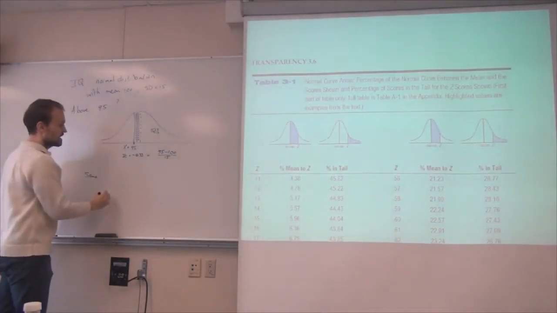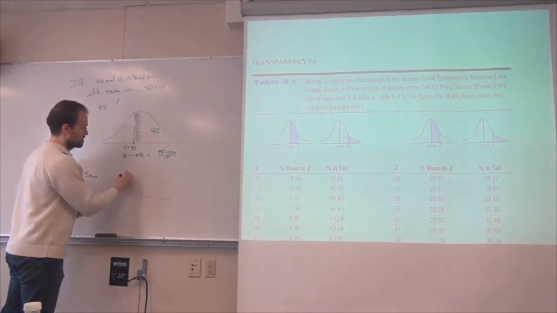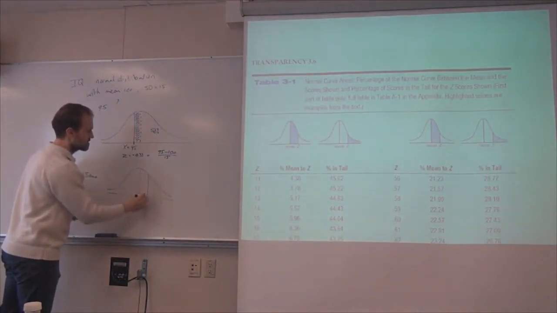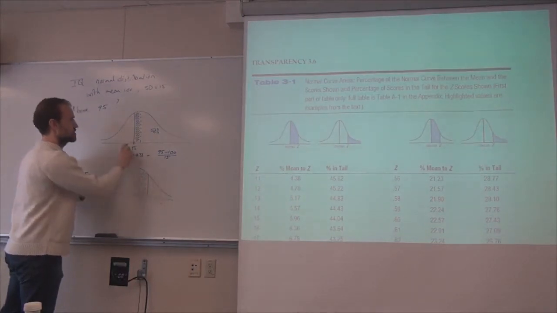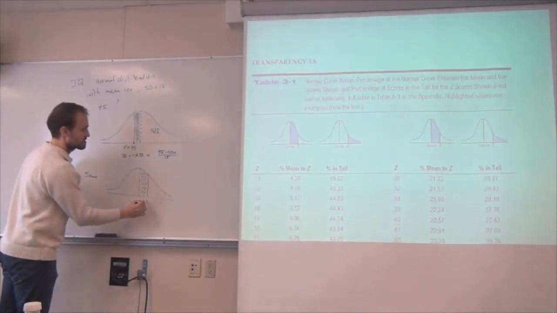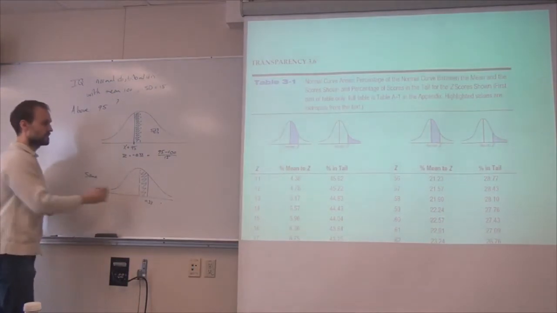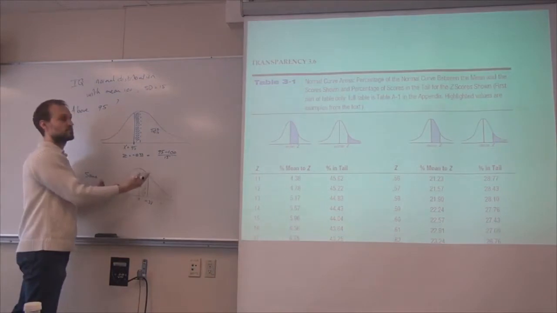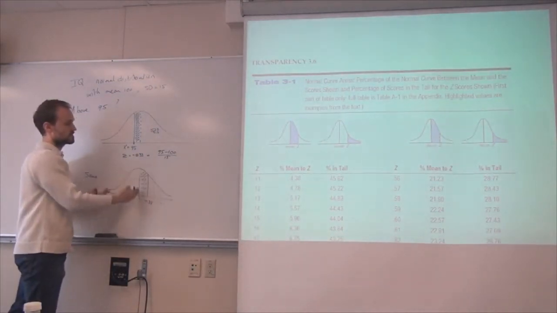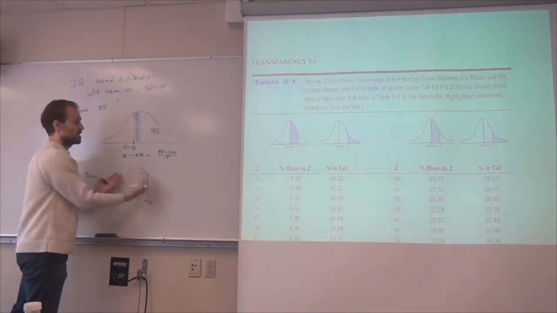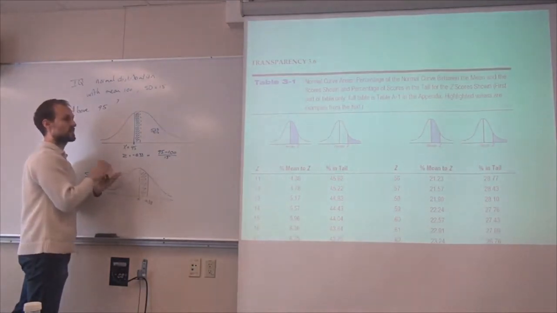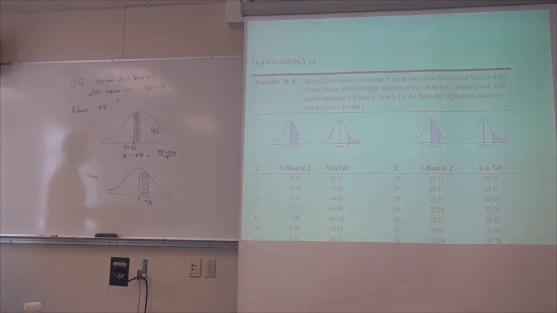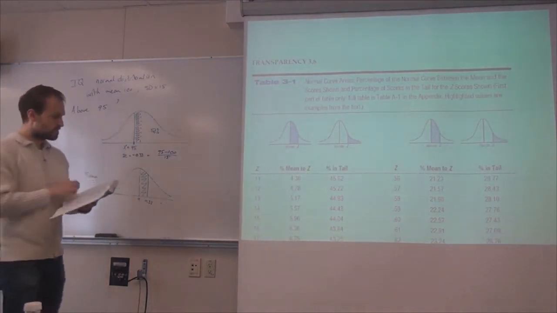This little area is the same as, there's my halfway line, this area. So I just look at the other side of it. So that is going to be a 0.33 and a 0. Because of the symmetry, this cuts it in half exactly, so if I fold it on this 0 line, it's exactly the same. So I'm going to look for a z score of 0.33.